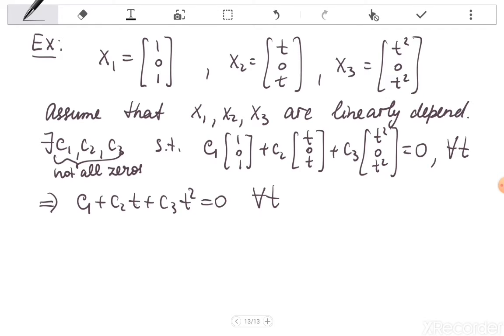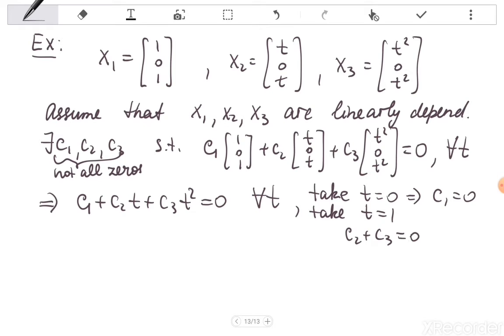For example, if we take t equal to 0, we get C1 is 0. Take t equal to 1, we get C2 plus C3 is 0.